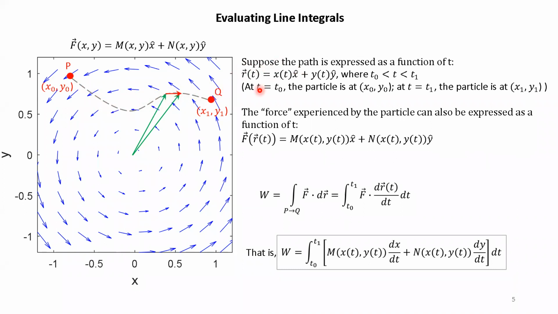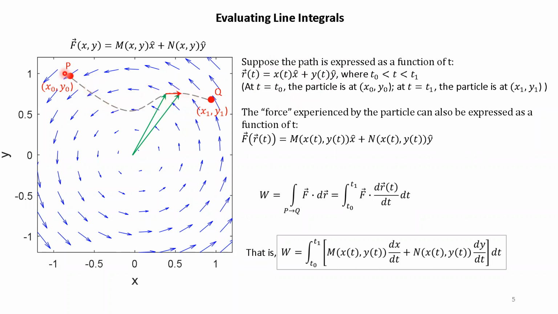Suppose the position vector of this particle, r of t, is written like this: x of t is some function, and y of t is some function. Of course you need to pick x of t and y of t such that they make this path.